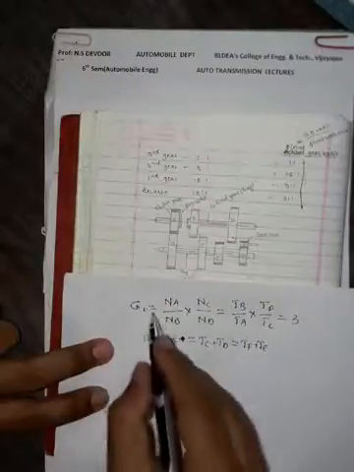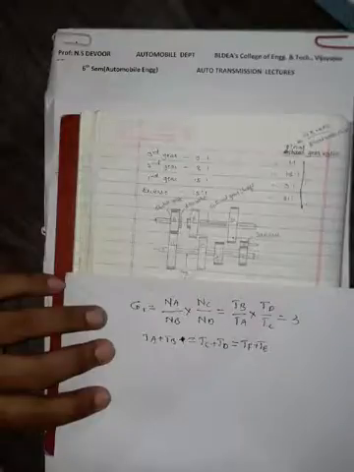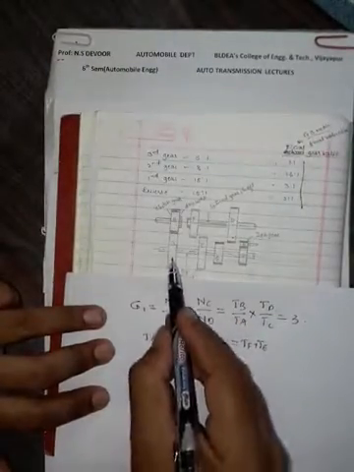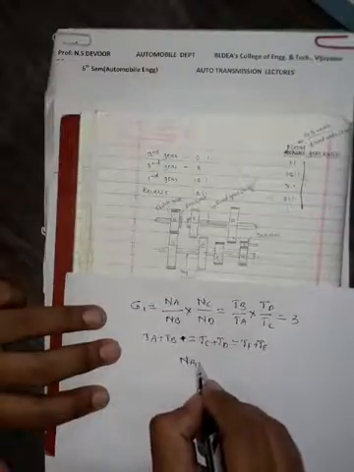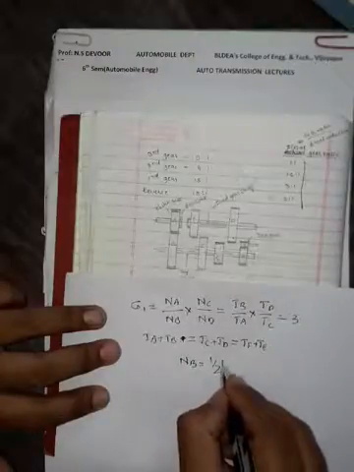And also they have given the speed of the lay shaft is half of the clutch shaft. Clutch shaft gear is NA. Okay, speed of the lay shaft gear NB. Okay, what they have given, NB is half of NA. Is it clear?